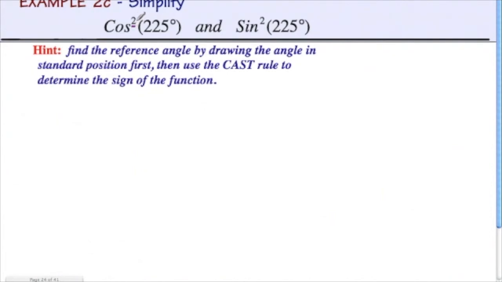That 2 is just going to come up and plant itself there. So we want to rewrite it as cos 225, and then you want to square it at the end.